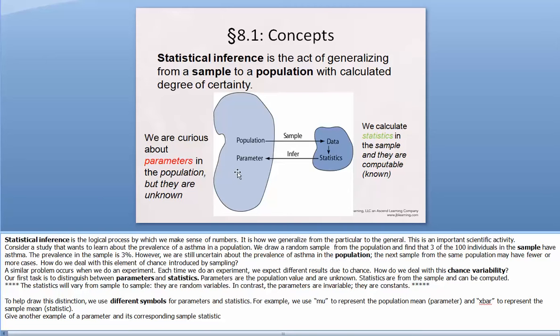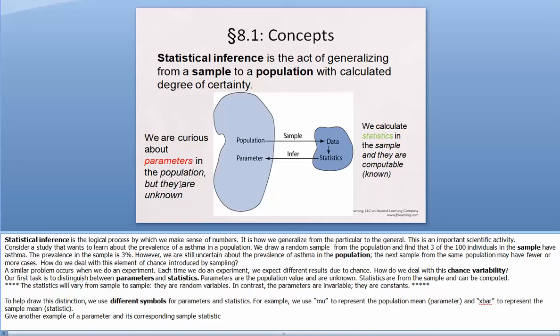The actual average GPA of all Penn State freshmen is very difficult to find out because we cannot access each Penn State freshman. Such quantities which are associated with the population are called parameters. And remember, the moment you see the word parameters, unknown should strike you. In other words, parameters means unknown.